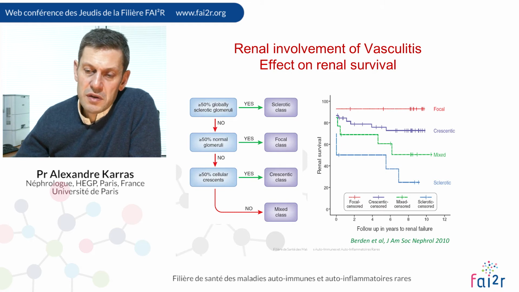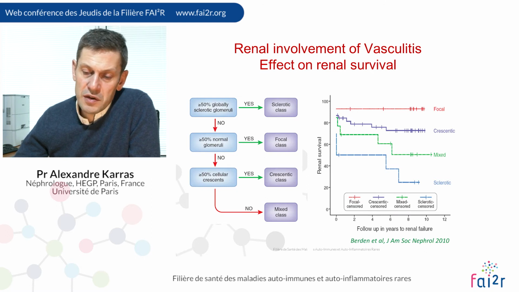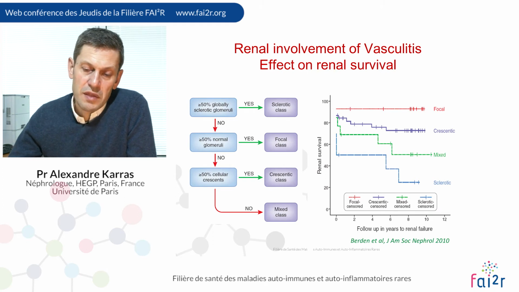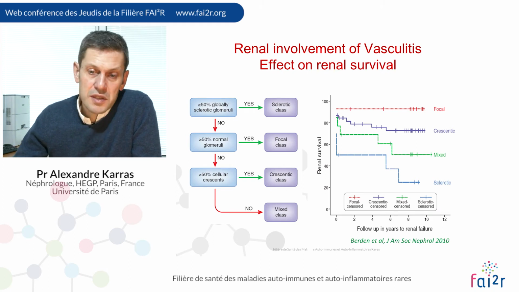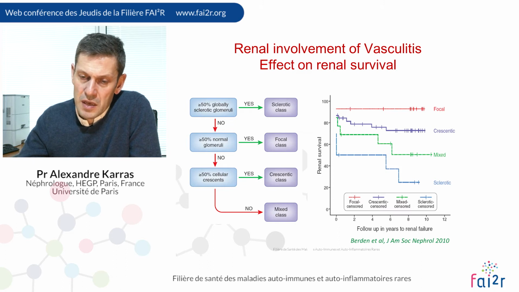Almost no patient with this class reach end-stage renal disease up to 10 years after initial diagnosis. On the contrary, when you have sclerotic class with very pronounced chronic lesions, you have a very poor outcome concerning the renal prognosis.